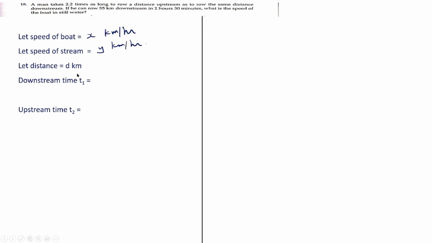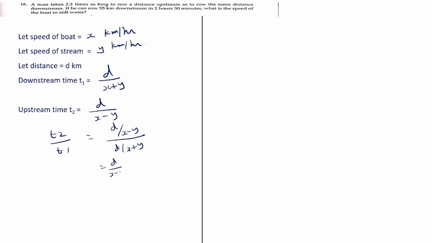And then let the distance be d kilometer. Then the downstream time t1 is given by d upon x plus y. The upstream time t2 is given by the distance travelled upstream d upon the upstream speed, which is x minus y. So we have t2 by t1 is d upon x minus y by d upon x plus y.